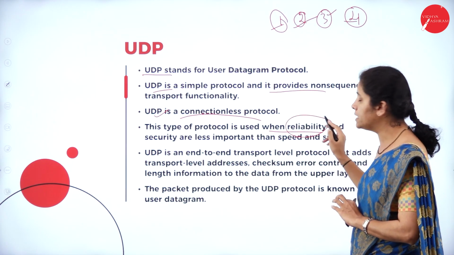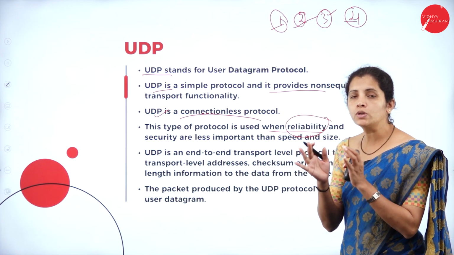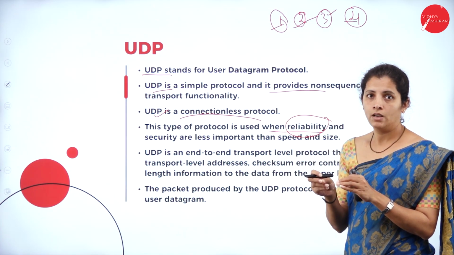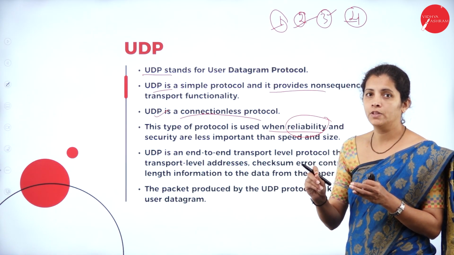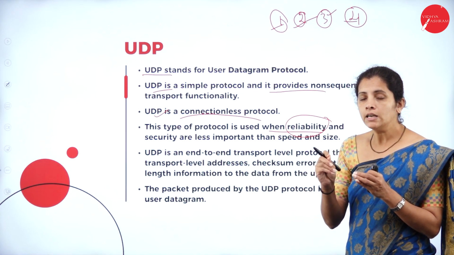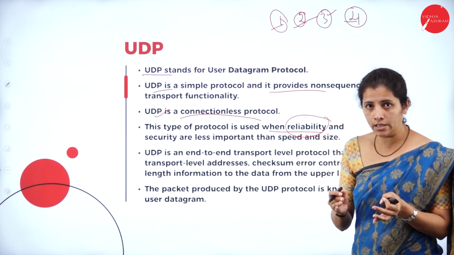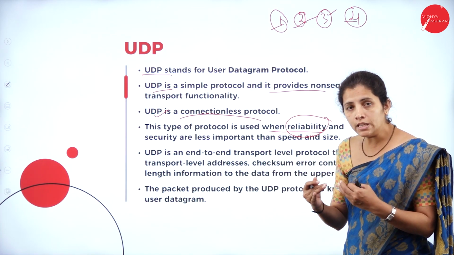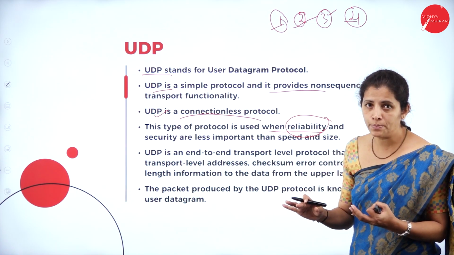So what is reliability? For example, think that I'm going to receive a registered letter. After that, I'm going to sign the acknowledgement. That is the proof that I have received the letter. And if I consider a normal letter, after receiving it, I'm not going to provide any acknowledgement.